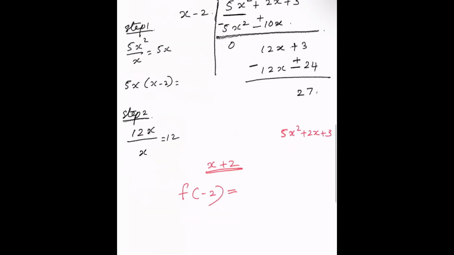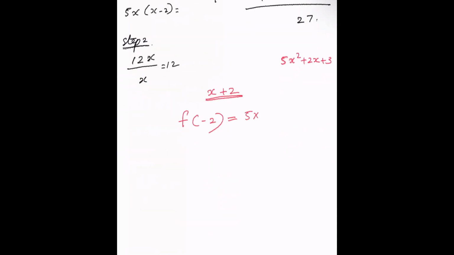Take it 5 into negative 2 whole square plus 2 into negative 2 plus 3, which will give me 5 into 4 minus 4 plus 3. This gives me 20 minus 1, which is 19, right?